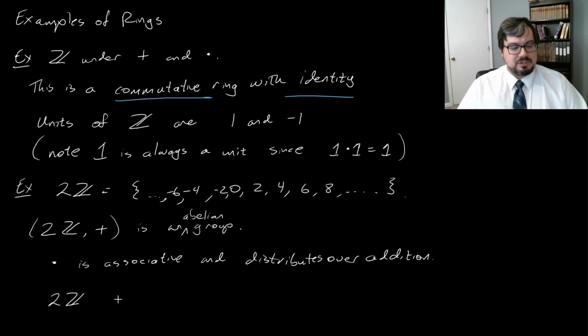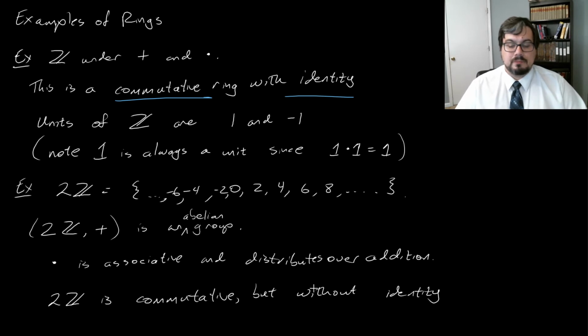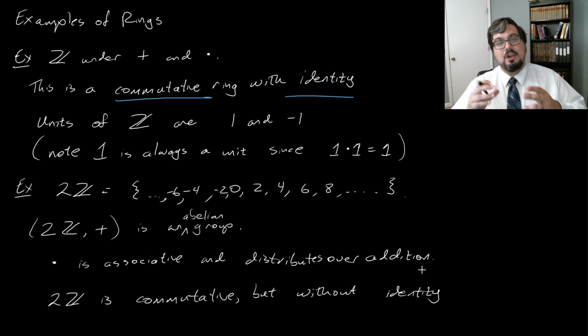However, notice that 2Z is commutative, but without identity. Remember that when we talk about a ring having identity or not having identity, we're always talking about the multiplicative identity. So the ring 2Z here does not have a multiplicative identity element. There's no element of this ring that you can multiply by another one and get back that second element.